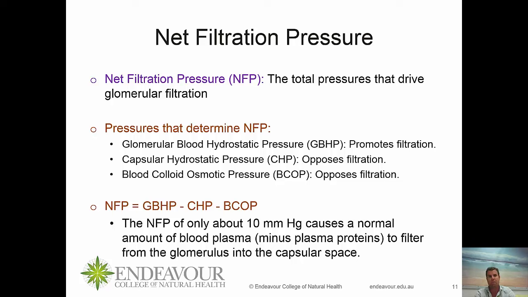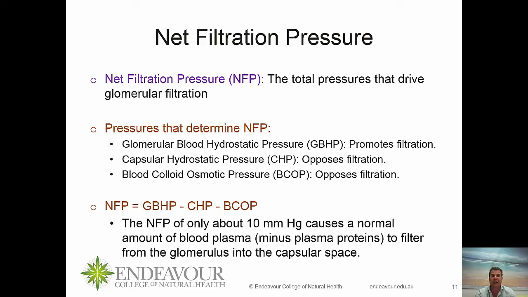capsule as well. And the other pressure that we should think of, and we've come across this pressure before when we talk about capillary filtration at the tissue capillaries, is the colloid osmotic pressure. And this is due to the plasma proteins that don't get filtered. Remember, we talked about the filtration membrane as being a selective thing that only lets small things through.